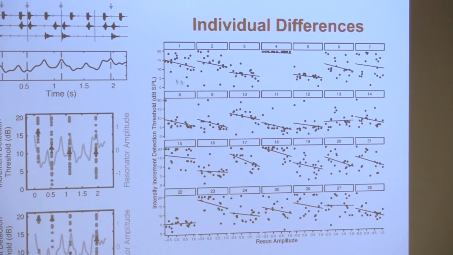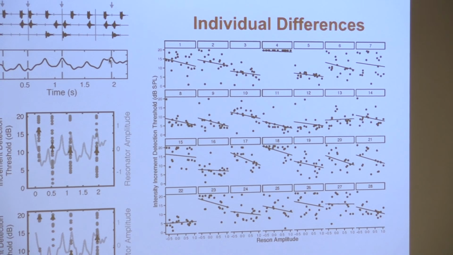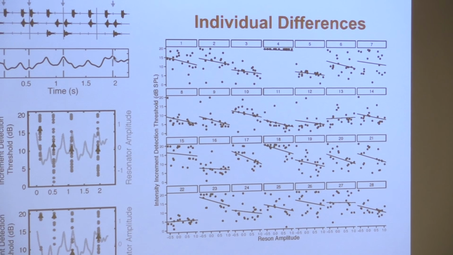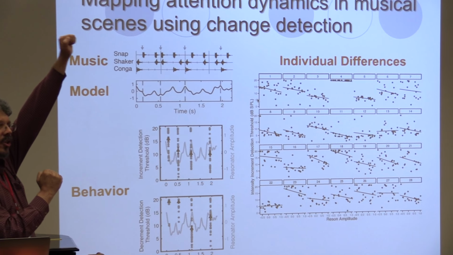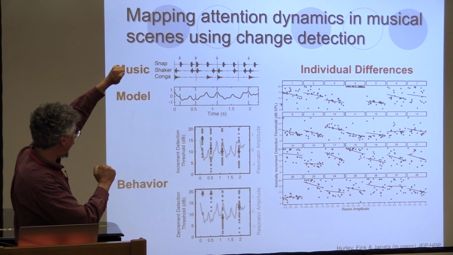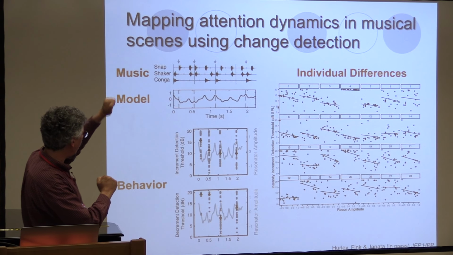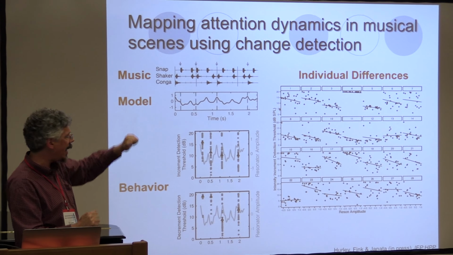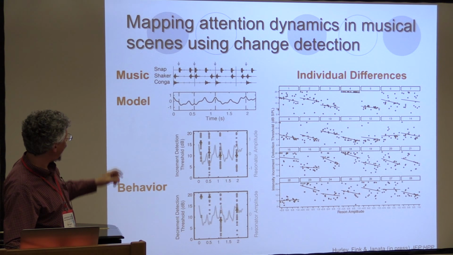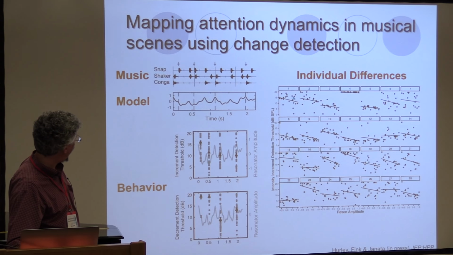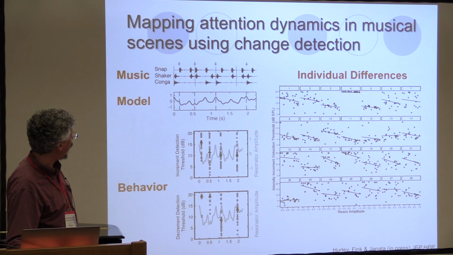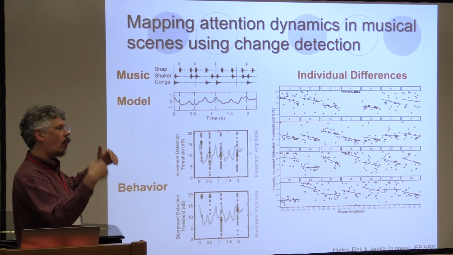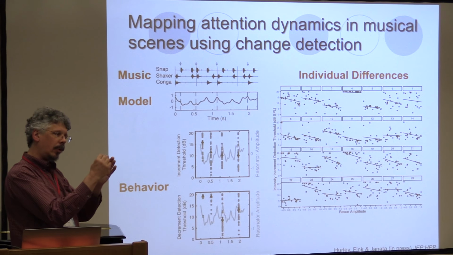So going towards the right means that it's a more expected moment in time according to the model. And then on the y-axis is the amount of change, how much louder in decibels did we have to make the deviance in order for a person to be able to detect it.